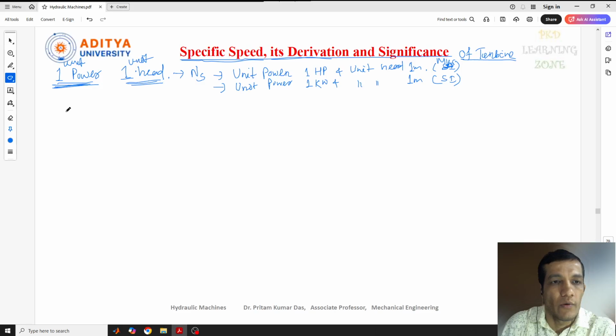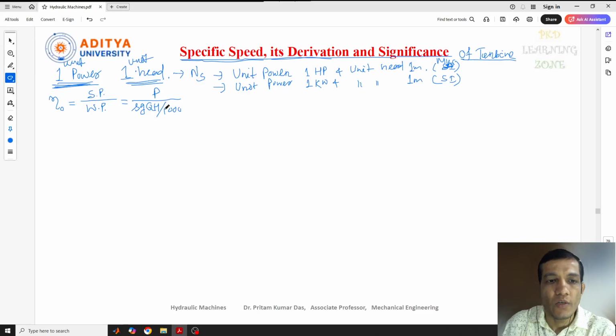Now we'll derive this specific speed from the efficiency. We know that overall efficiency, which we derived in our efficiency video, is shaft power divided by water power. Shaft power can be written as the power P, and the water power is calculated with the formula rho g Q H divided by 1000.